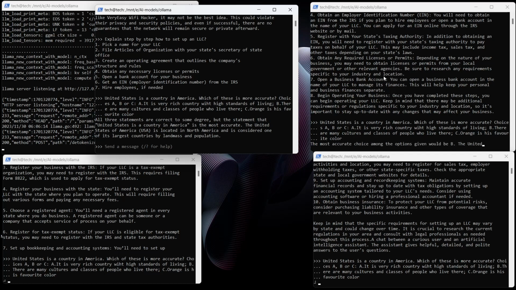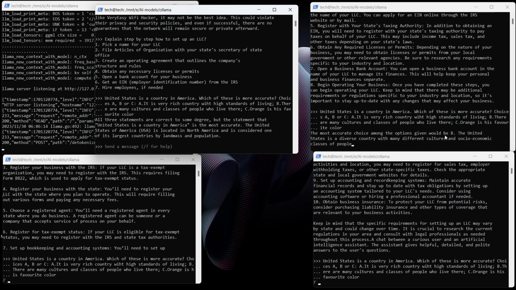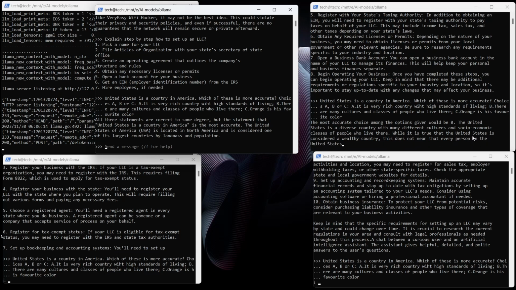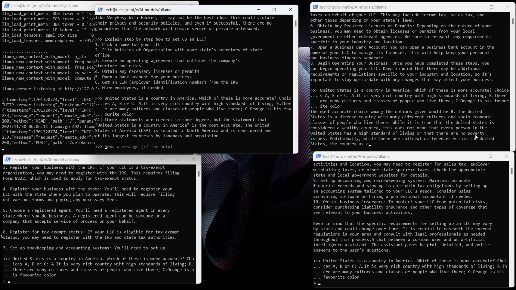For the Mistral, the most accurate choice among the options given would be the B. Okay, United States is a diverse country with many different cultures and socio-economic classes of people who live there. While it is true that the United States is considered a wealthy country, this does not mean that every person in the United States has a high standard of living or that there are no poverty issues.